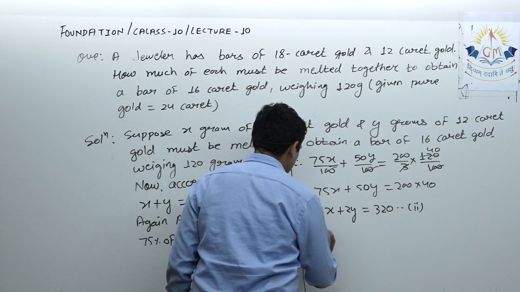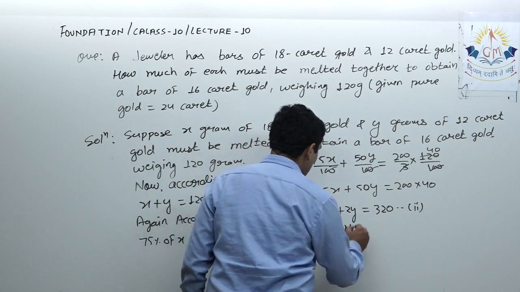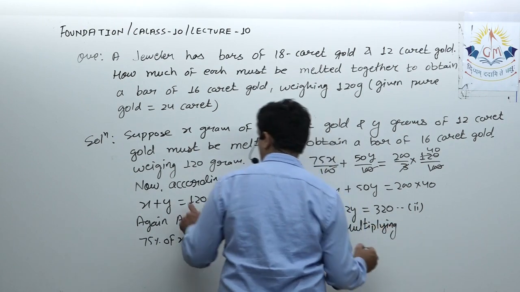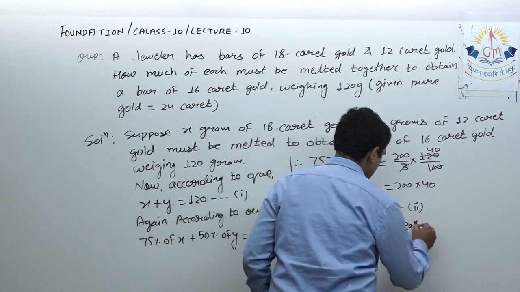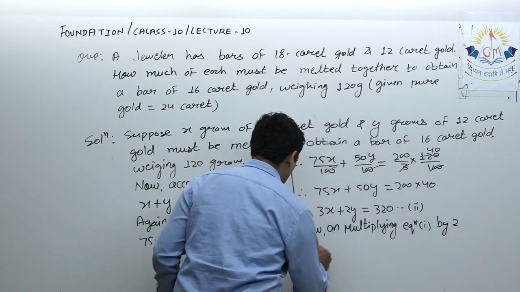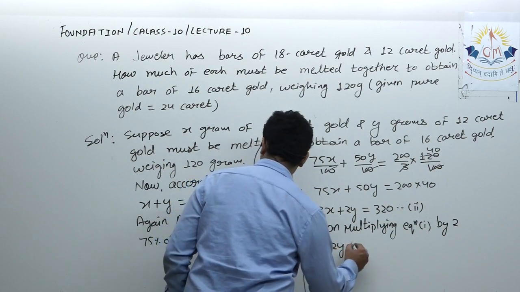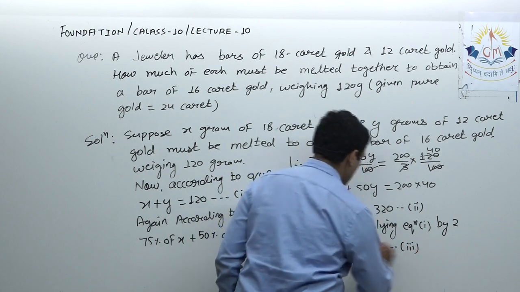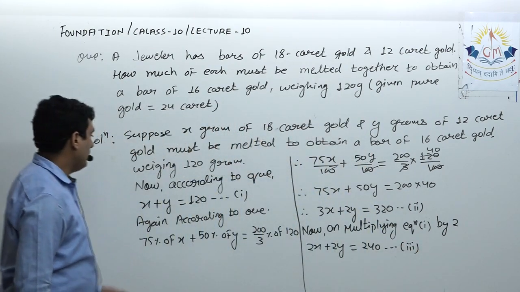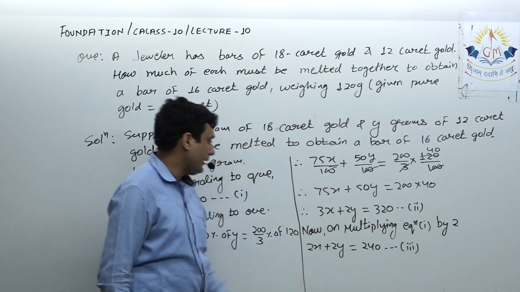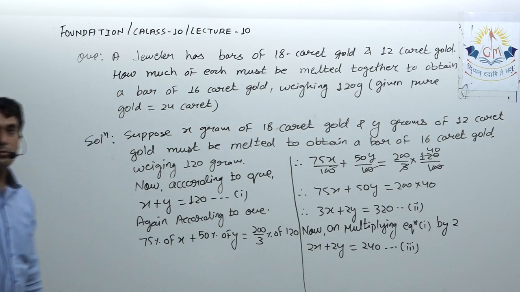So now on multiplying equation 1 by 2, we'll get 2x plus 2y is equal to 240. Let it be equation number 3. Now we'll get the solution just by subtracting third from second. Okay, so note it down, then we'll see the remaining solution.